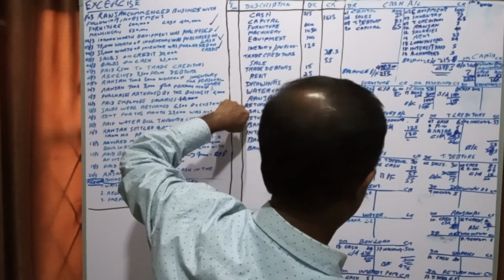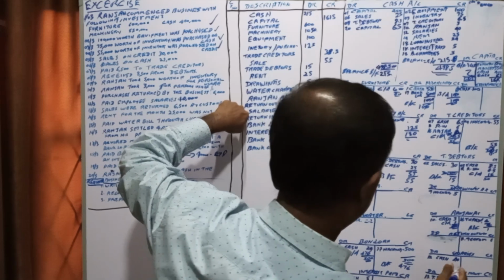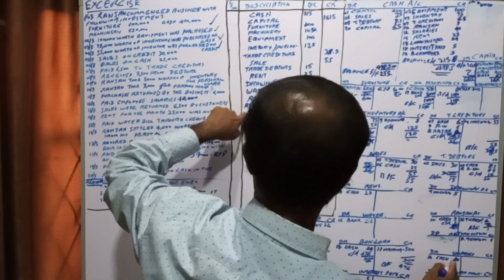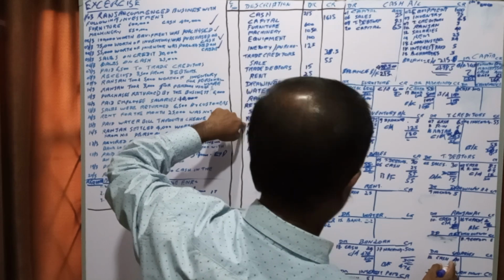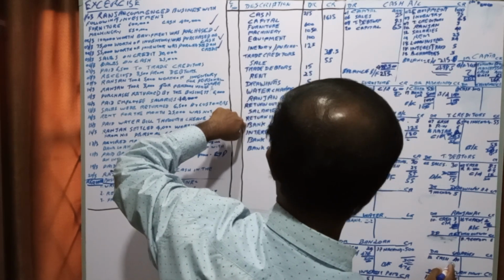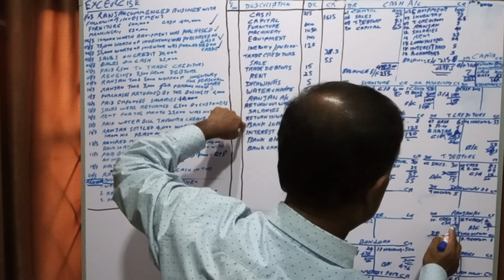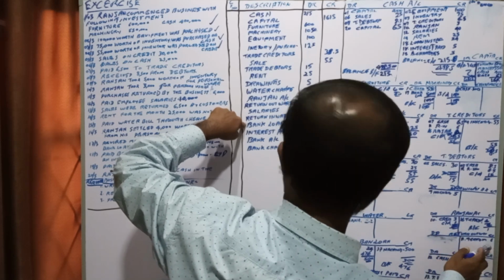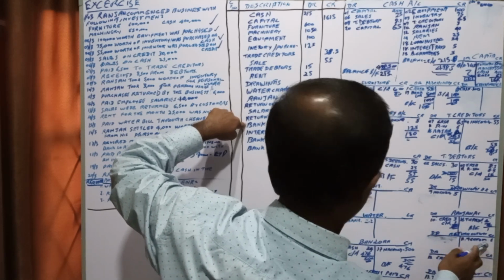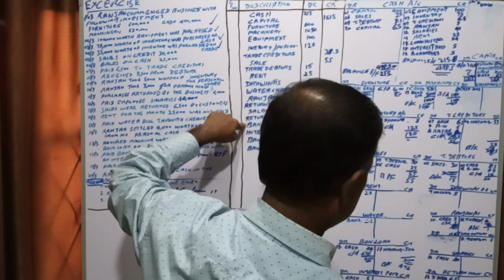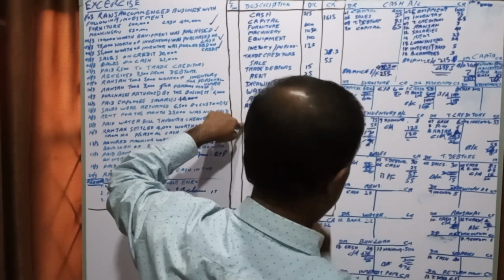Where's the salaries account? Salaries account 40,000 debit. Return outwards is 6 credit balance.